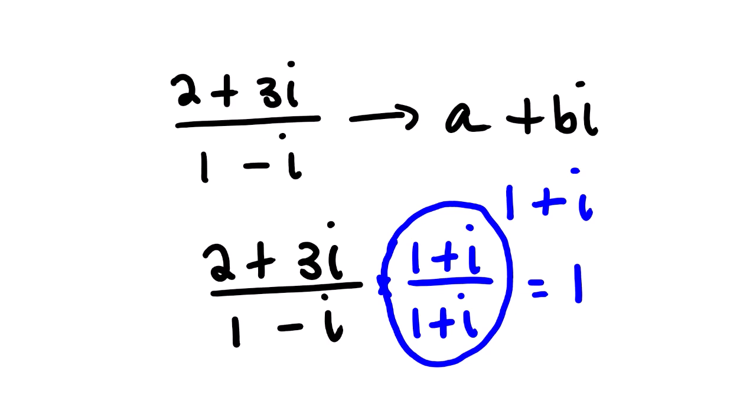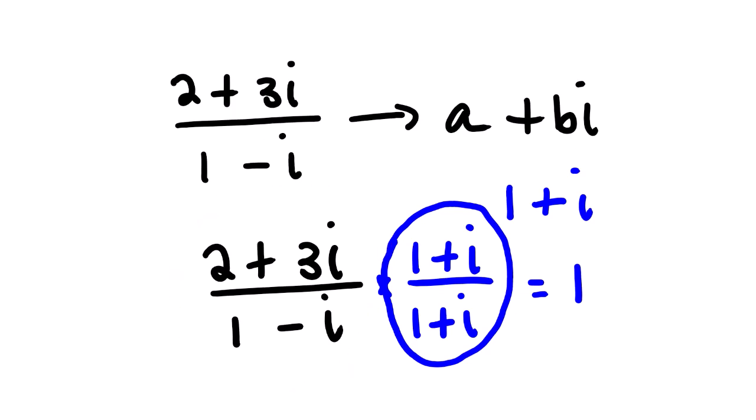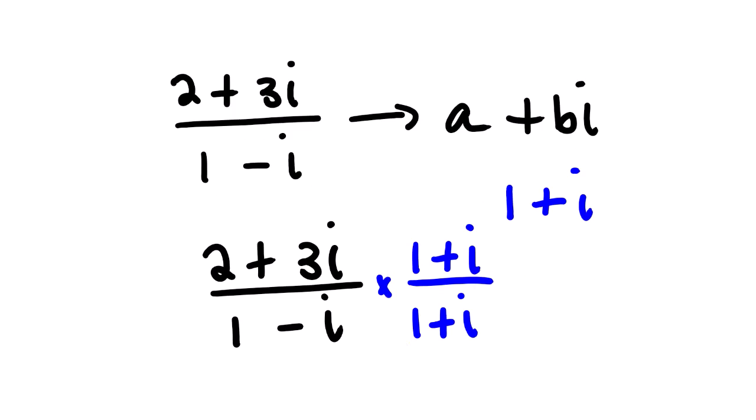The expression is still the same. We just multiplied this by 1, but that 1 we express in terms of the conjugate of the denominator. So 1 plus i over 1 plus i is equal to 1. So you can see that the expression was not changed. We know that any term multiplied by 1 is actually that term.